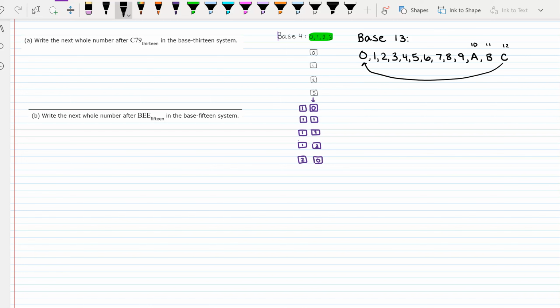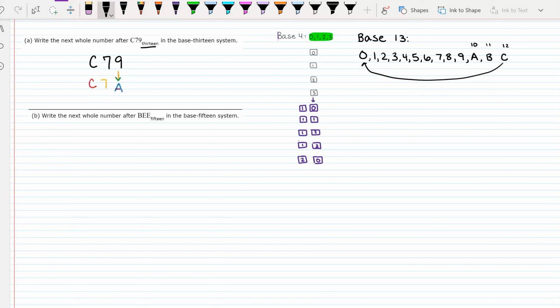So here, let's say I'm in base 13 and my odometer reads C79. Well, now I drive one more mile. What does that 9 turn into? It turns into an A. I haven't had to roll over, so everything else stays the same.